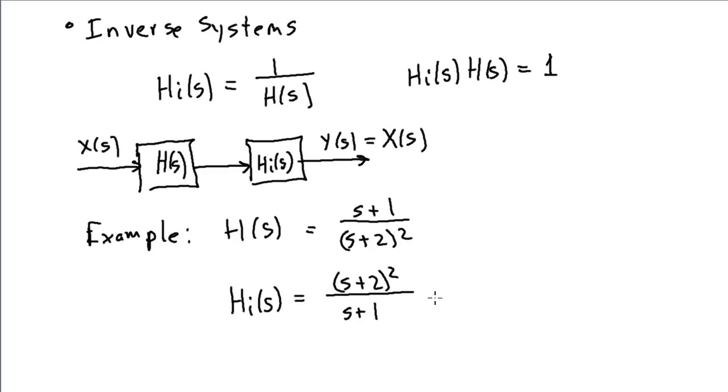Notice if I wanted to find the corresponding impulse response of this inverse system, first thing I would do is expand the numerator, (s^2+4s+4)/(s+1), and since the numerator is of higher order than the denominator, I would first do synthetic division before taking the inverse Laplace transform to find the impulse response of the inverse system.